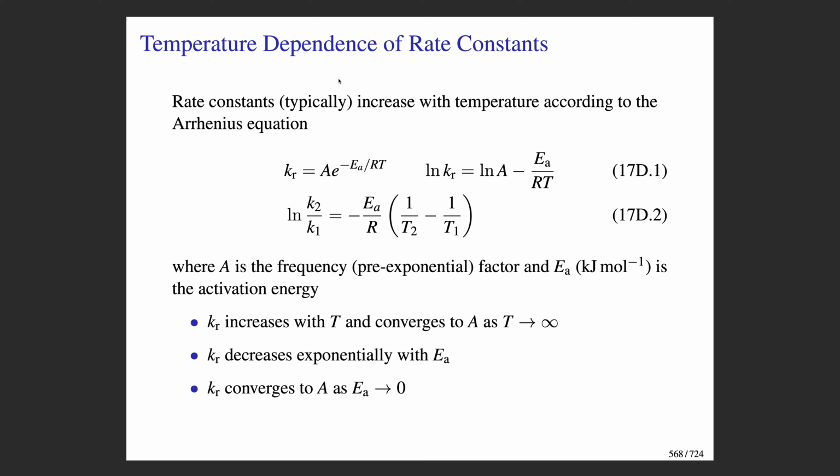Any 2 points along that straight line can be described by this 2-point Arrhenius equation. That's what I like to call it. You'll notice that it has a very similar form to the Clausius-Clapeyron equation and the Van't Hoff equation that we've studied previously, and that's due to this exponential dependence that's common to all three of the different topics that I'm referring to.